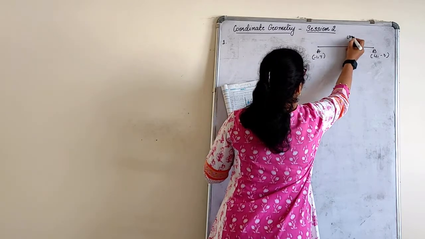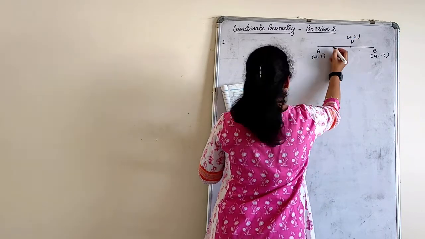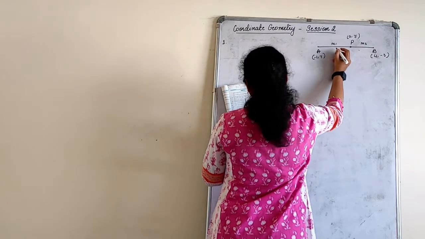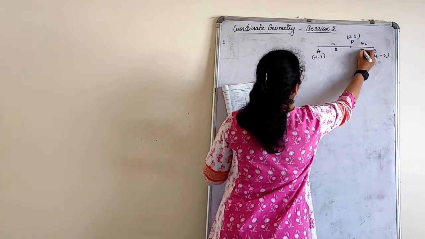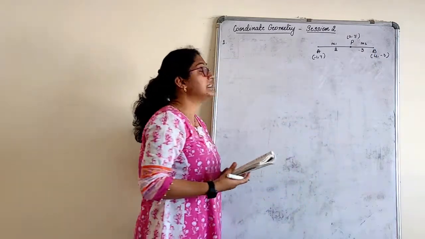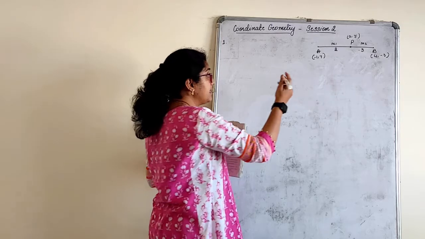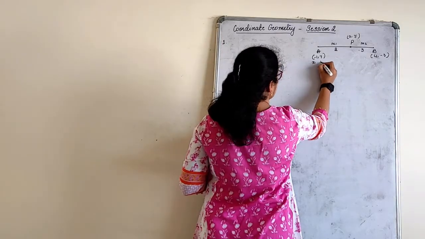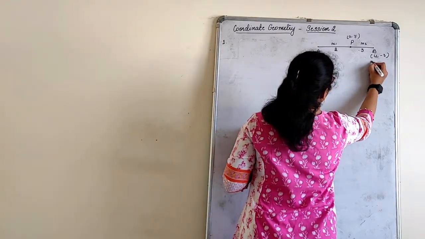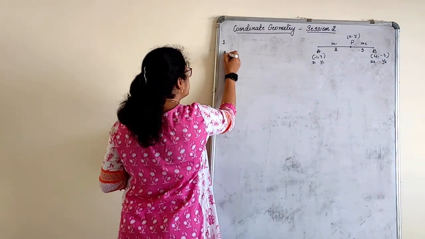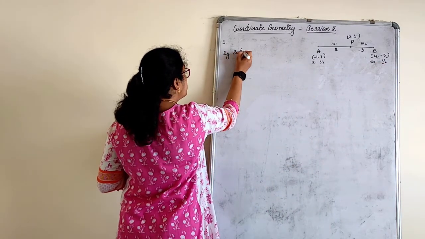This point is (x, y), which I have to find, dividing in the ratio m1 to m2, where m1 is 2 and m2 is 3. Very simple. We have the figure there, so we can do it very easily. Write your x1, y1, x2, y2. Which formula? Section formula.